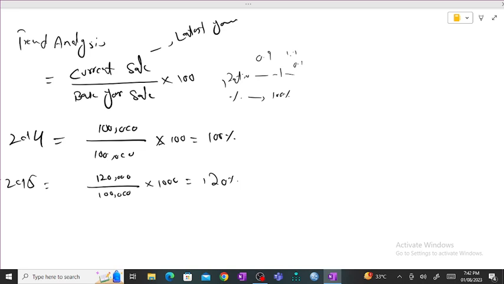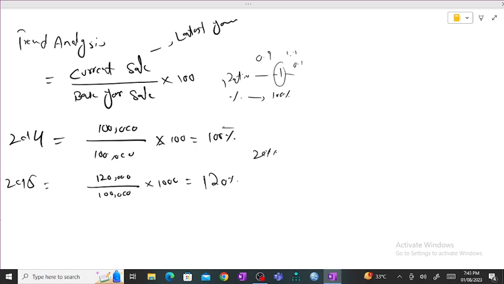What is the comparison point? The comparison point is this. Just like in a percentage, in the base year we have net sale of 100%. In the next year, we have 120%. So we will say 20% sale has increased. So this is the difference. Trend sale has increased.